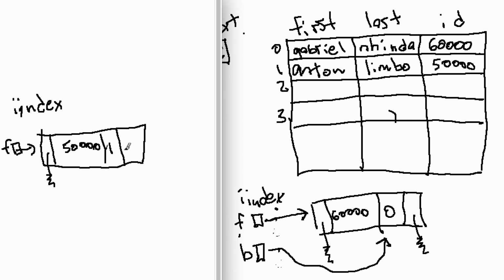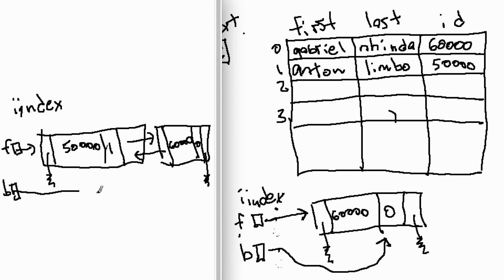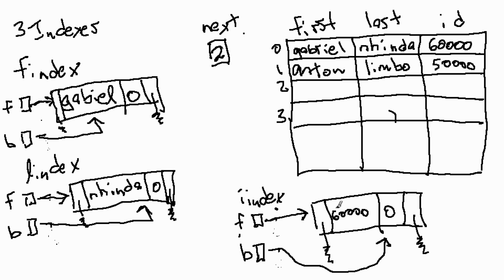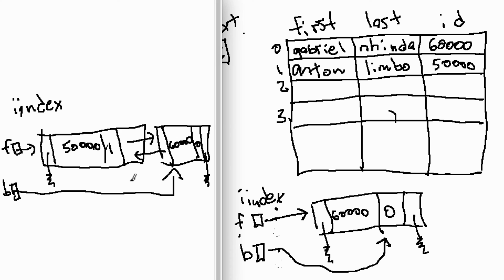Null. This points at the next one. I'm going to run out of space here. This one points back. This one is going to be 60,000, a 0, a null. Here's my back pointer. And it looks like that. So I went from this index over here to this index over here.